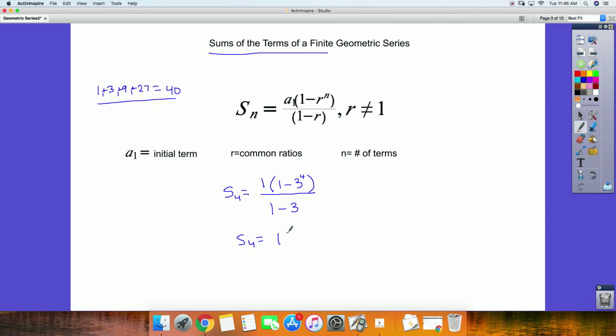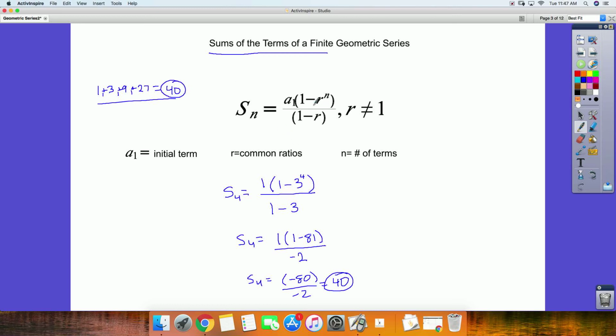So 1 times 1 minus 81 over 1 minus 3, which is negative 2. Now 1 minus 81 is negative 80. So now we have negative 80 over negative 2, which equals 40, which is what we added up before.